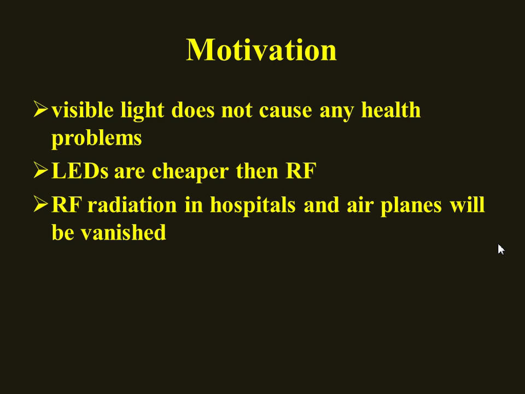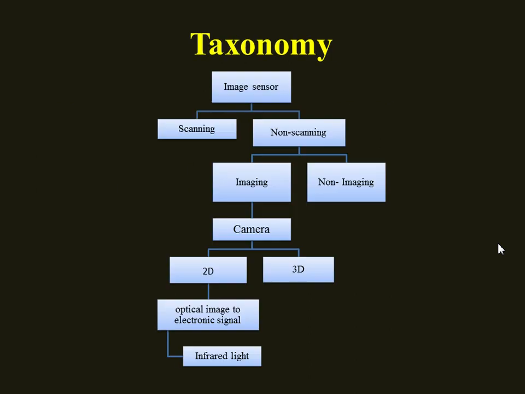Motivation. Visible light does not cause any health problems as it is easily perceivable by humans, LEDs are cheaper than radio frequencies, there is no electromagnetic interference, and the RF radiation in hospitals and airplanes will be vanished. Taxonomy.